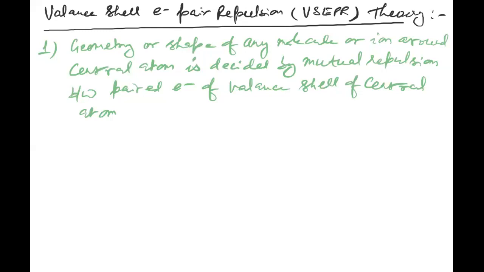Paired electrons may be lone pairs of electrons, and they may also be bond pairs of electrons.